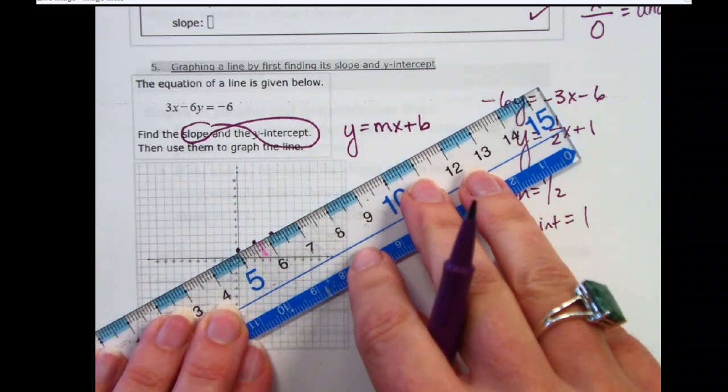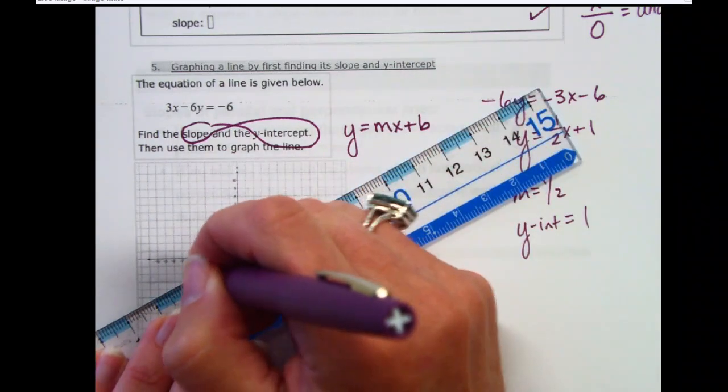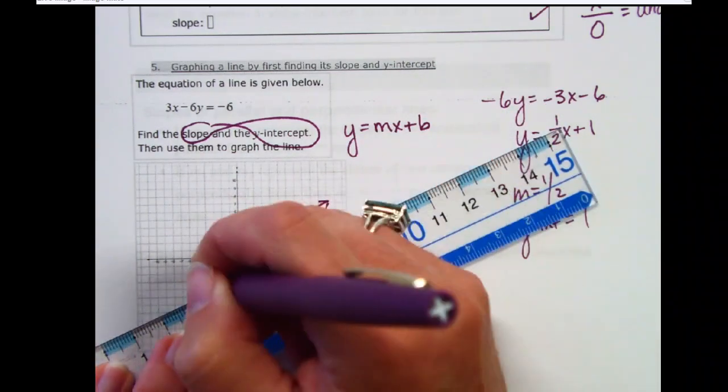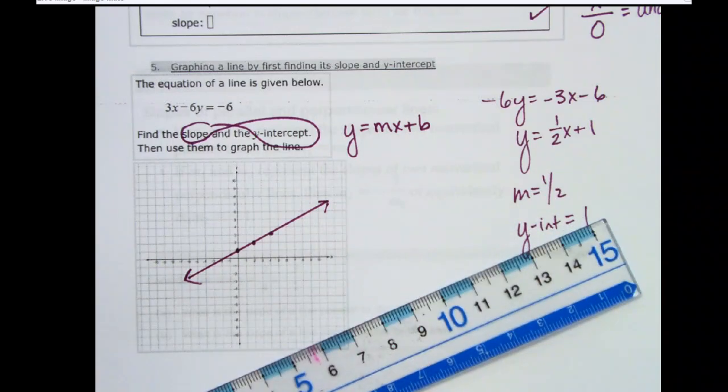I know I'm cruising through these, so I'll stop right now and ask if there are any questions. All right, I'll pause and let you catch up for a second. I see some mad, crazy note-taking.